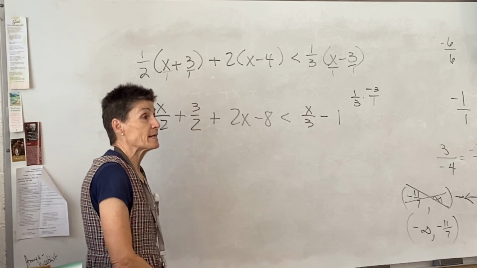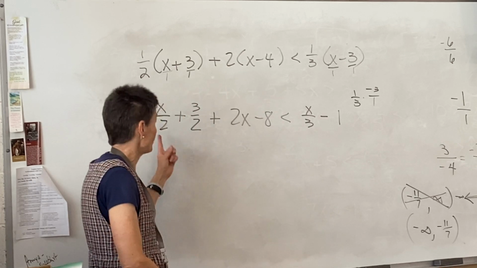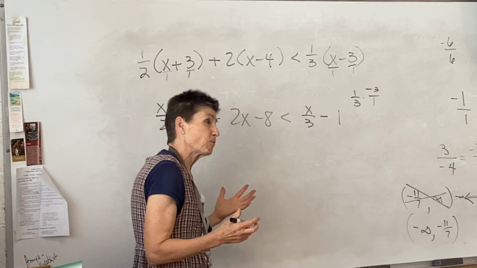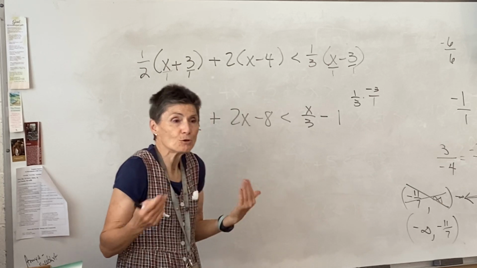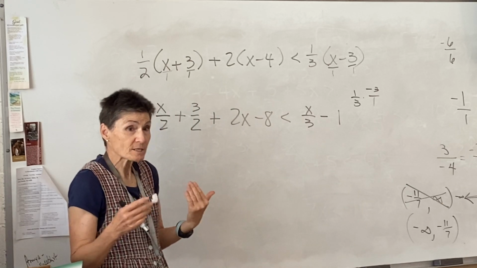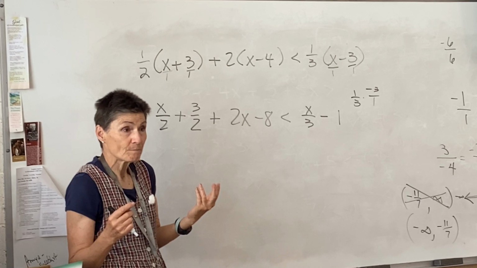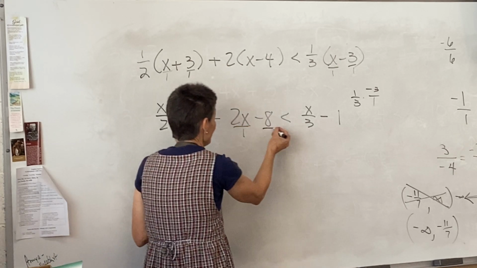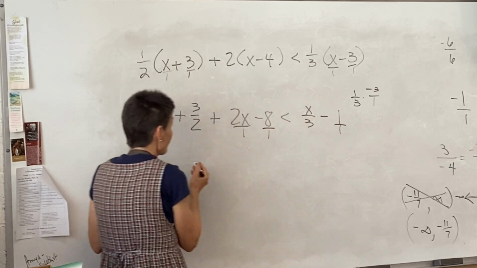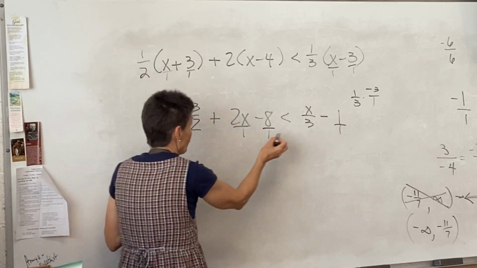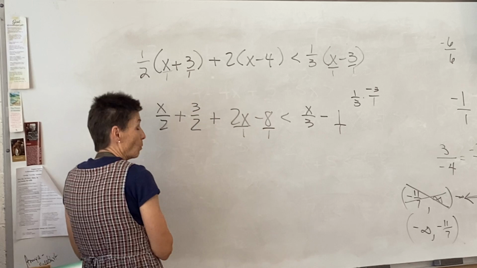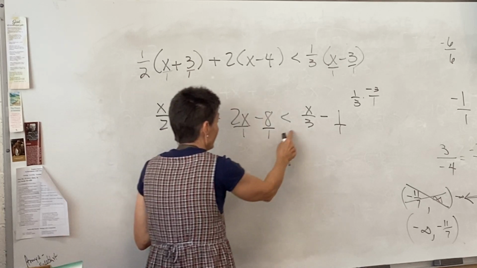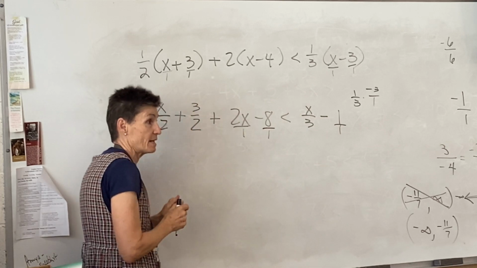Now, are there like terms to combine over here? They involve fractions, but I can do that. But could we just get rid of the fractions at this point? Could we get a common denominator for all of our fractions? There's 1, 2, 3, 4, 5, 6. What would be the common denominator for 2, 2, 1, 1, 3, and 1? 6.